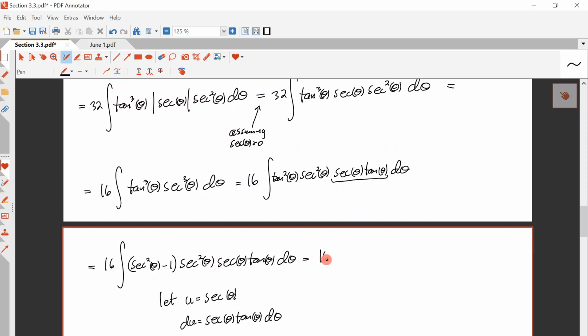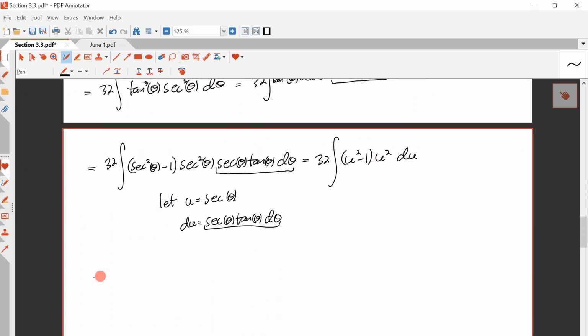So this becomes 32 times u squared minus 1, u squared, and then this secant theta tangent theta d theta is equal to du. So now we went from thetas to u's, and everything is in terms of u, and this is just a polynomial. So this is equal to 32 antiderivative u to the fourth minus u squared.